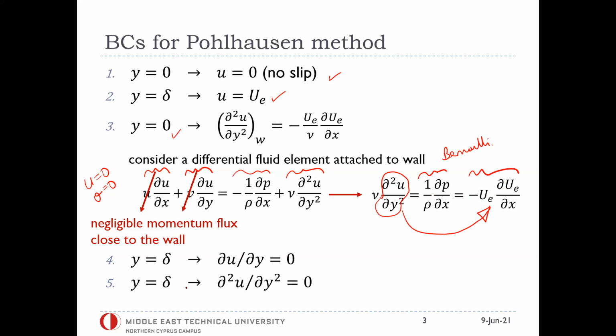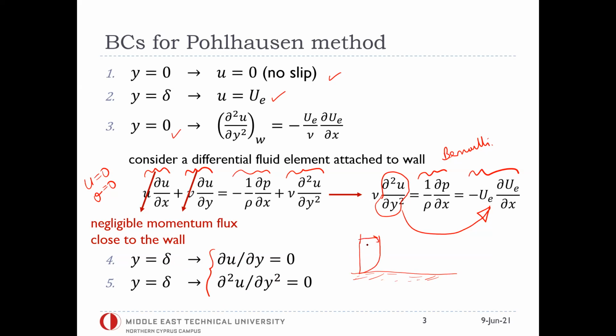What else? At y equal to delta, so at the edge of the boundary layer, as we discussed in the previous hour, actually both of these cases must be satisfied. The first and the second derivatives of the function that we assumed must be equal to 0, because if you do some experiments over a flat plate, for example, we are expecting a functional variation like that.